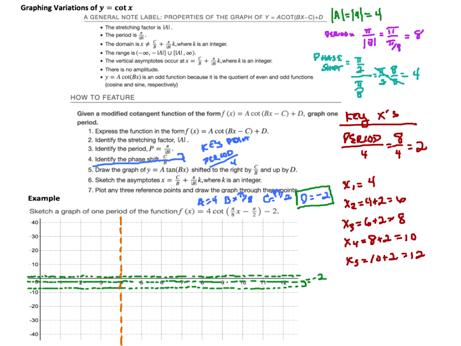Okay, so I'm just going to go mark those boundaries for myself. So I've got one at 6. I've got one at 8. Got one at 10. And got one at 12.